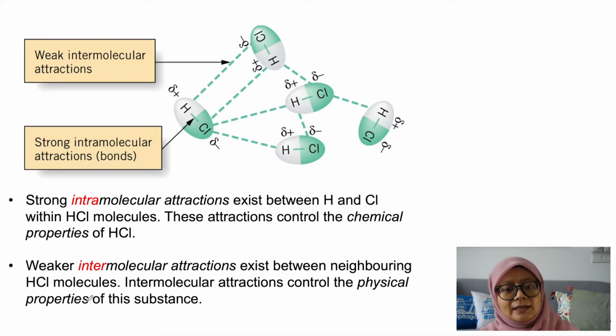So here, this is a diagram of hydrochloric acid. We have about 5 molecules of HCl. The interaction between this hydrogen and this chlorine forms a bond that we call intramolecular attraction or intramolecular forces.